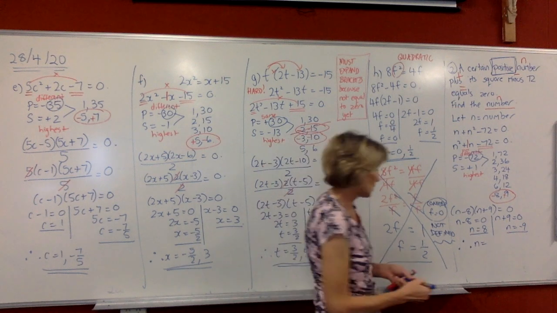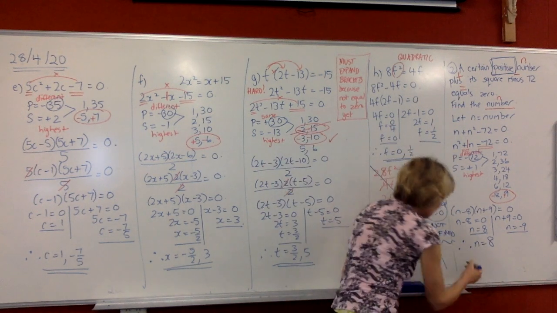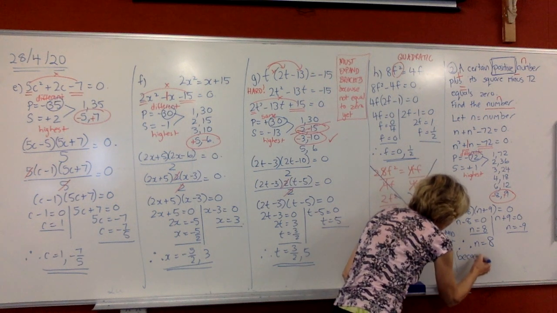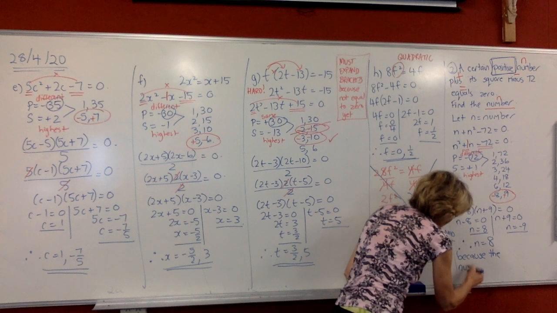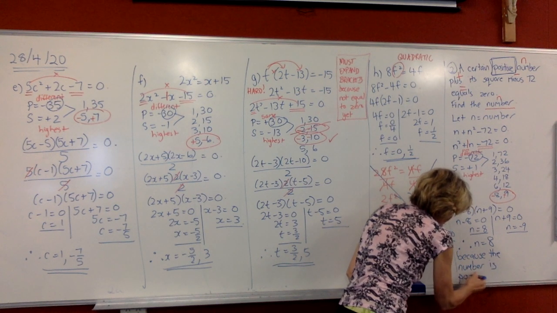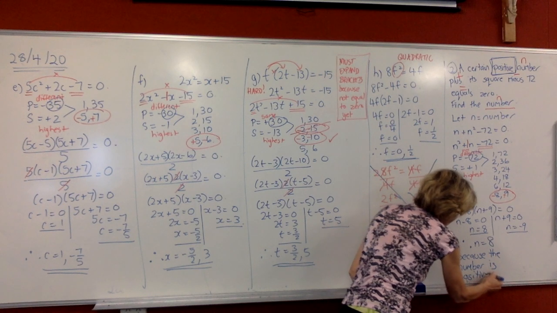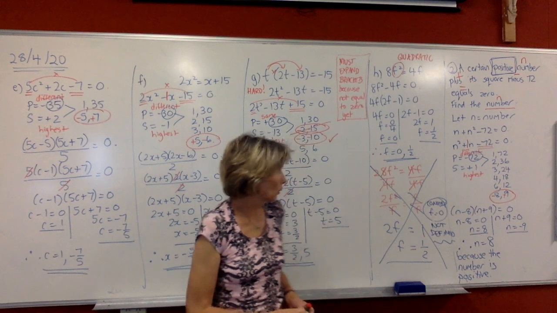We can only give the positive answer. So n equals 8, that's your only answer, because the number is positive. They told you that in the question, so you have to read it and look at it when you go to check your answer.